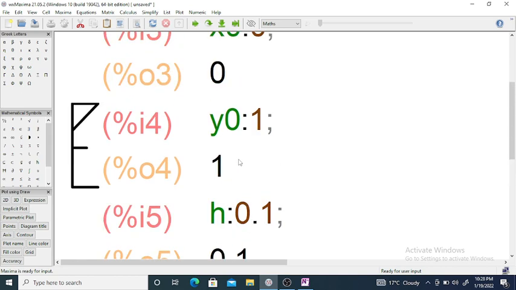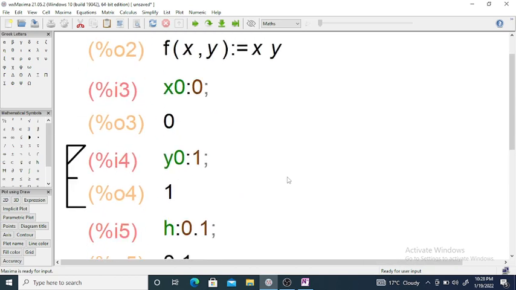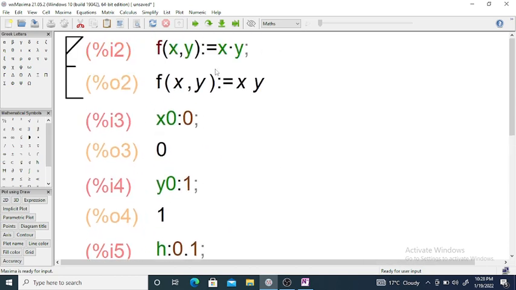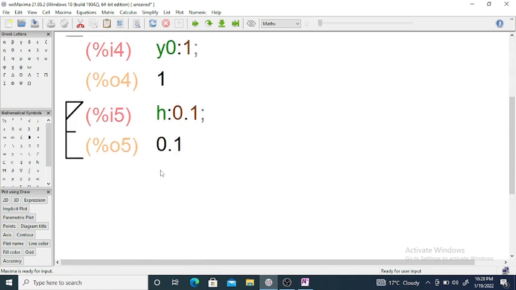So the given f of x, y is x into y, x0 is 0, y0 is 1, h is 0.1, and therefore y1 is equal to y0 plus h into f of x0, y0.